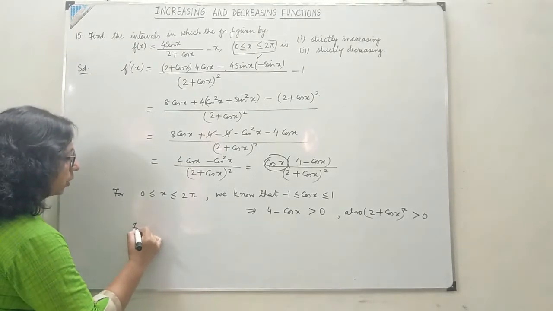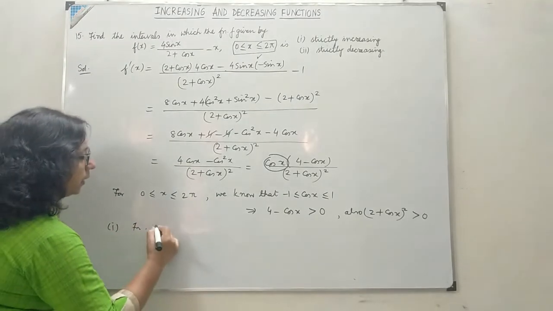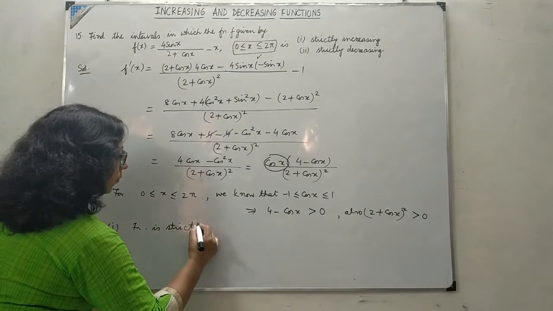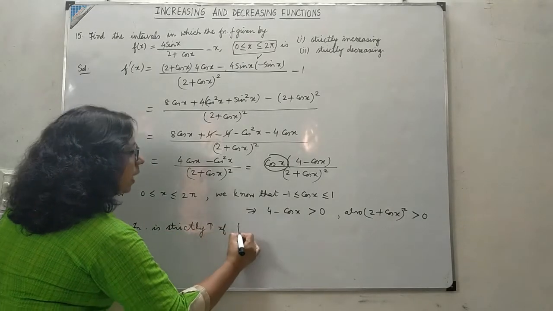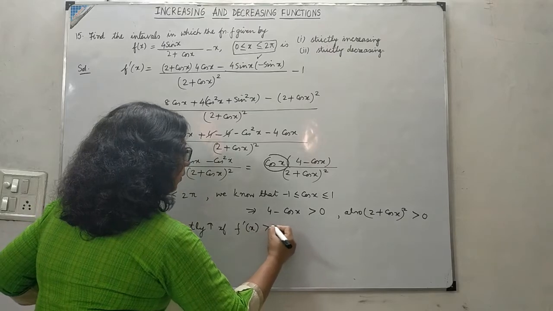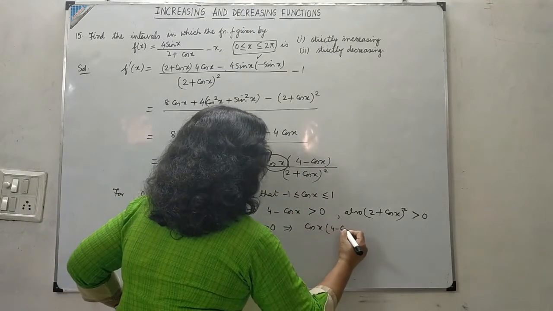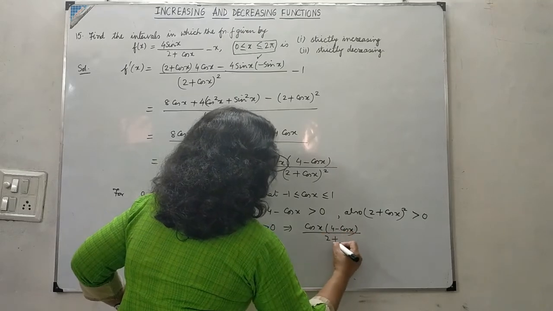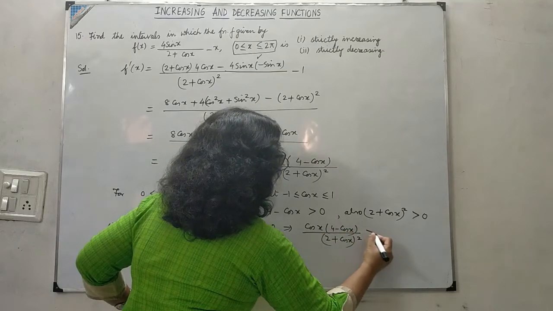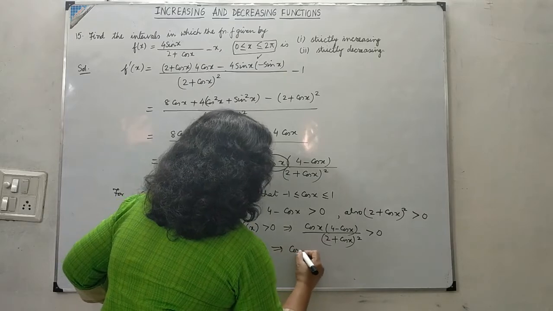So the function is strictly increasing, first part, if f dash x is positive. That means the derivative cos x into (4 minus cos x) upon (2 plus cos x) whole square is positive. That means cos x is positive.